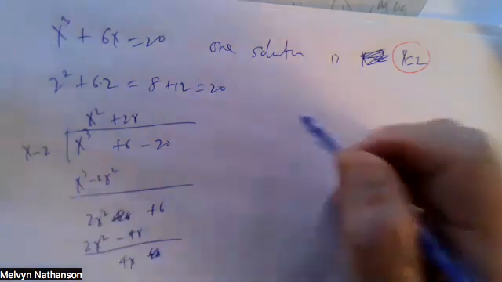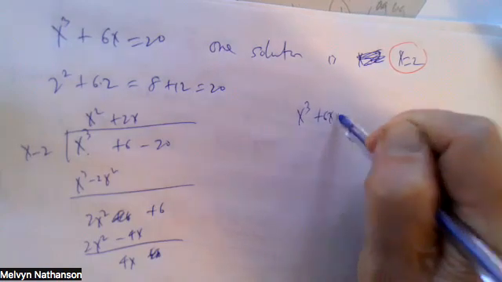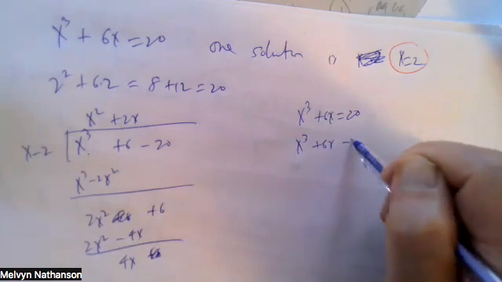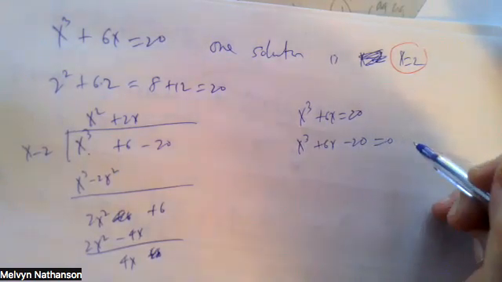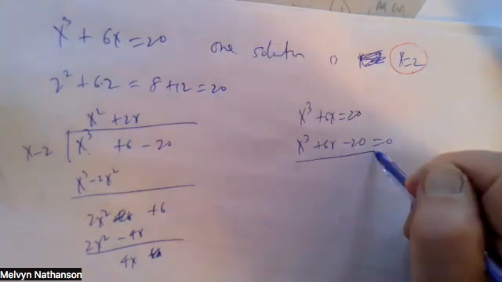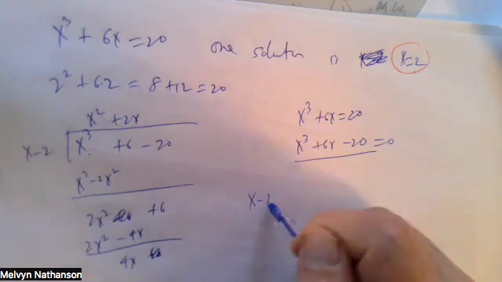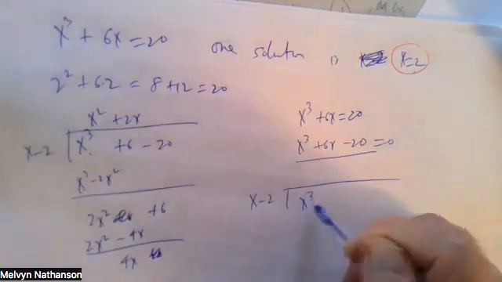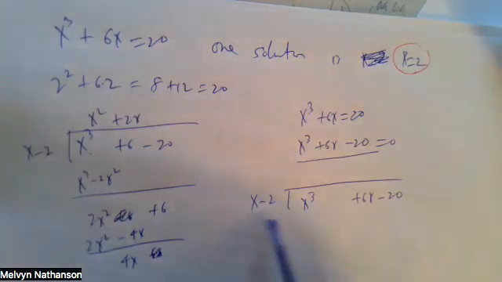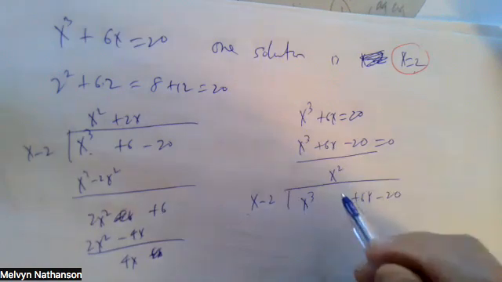So let me just explain what I'm doing. If you have x cubed plus 6x equal 20, that's the same as x cubed plus 6x minus 20 equals 0. And one solution is x equal 2. So if I take this polynomial, let me divide it by x minus 2. x minus 2 into x cubed plus 6x minus 20. x into x cubed goes x squared times.